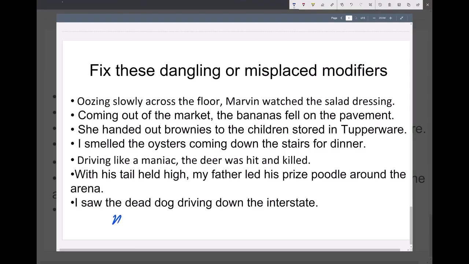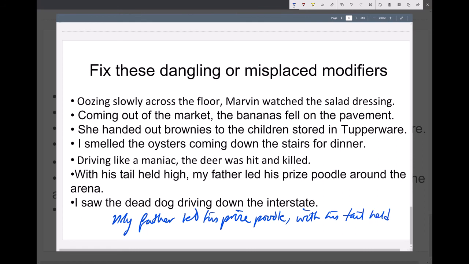That's my father led his prize poodle, again with the modifier, with his tail held high, around the arena. Here we have the modifier, and right now it's placed right next to the poodle, so that makes a lot more sense. It is the dog that has the tail, and that is being led by the father.